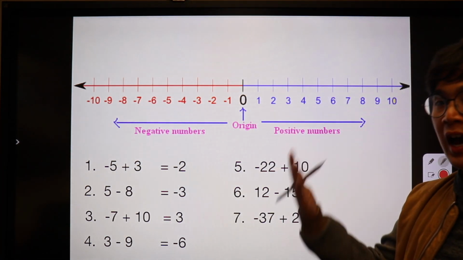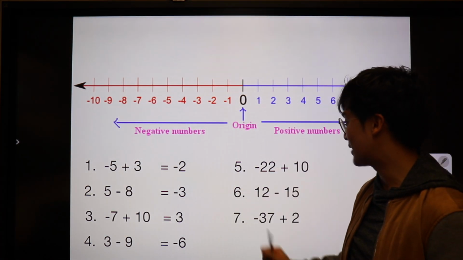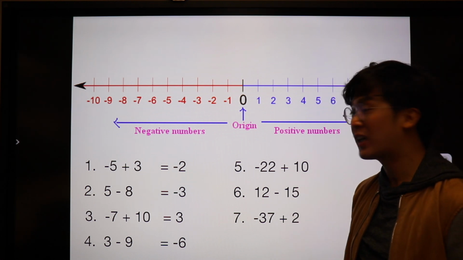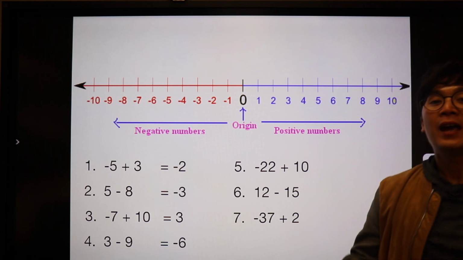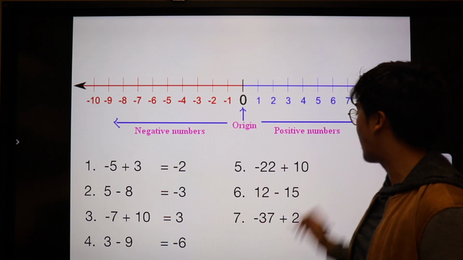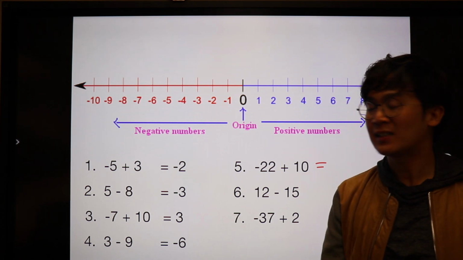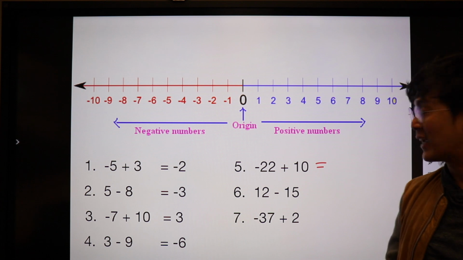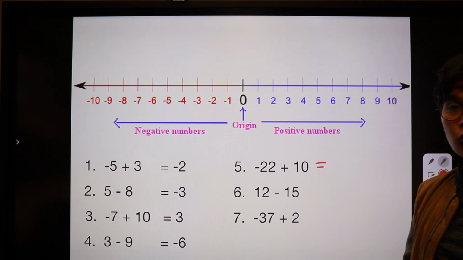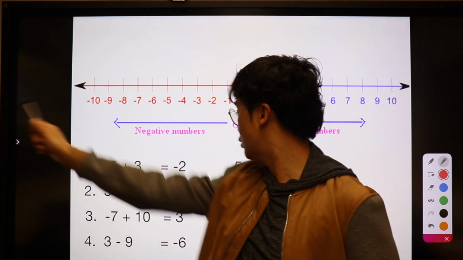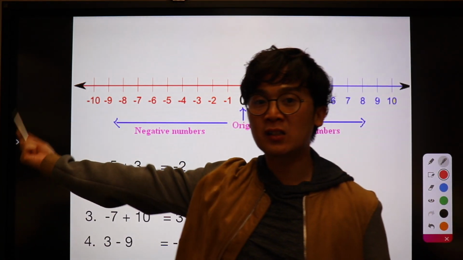So let's visualize our answer for number 5, 6, and 7 without really finding the actual answer that we're looking for. This is a test if you are really understanding the concept of the number line. So for number 5, if we're going to guess what our answer would be, negative 22 plus 10, negative 22 means you're going to go to negative 22 and move 10 units to the positive direction.